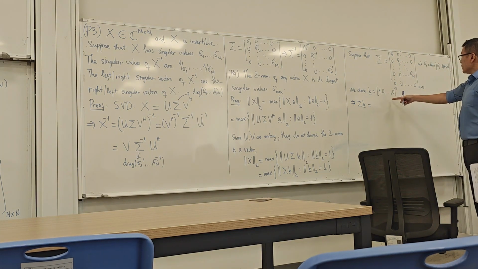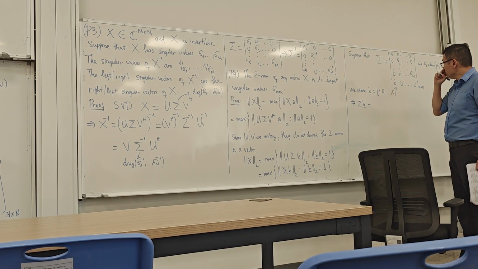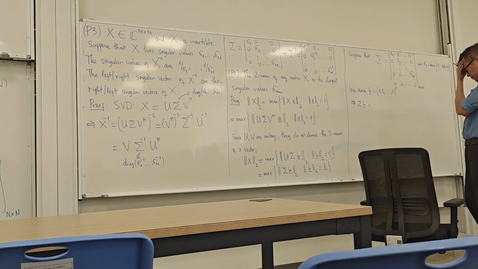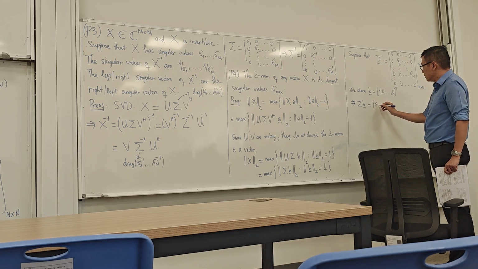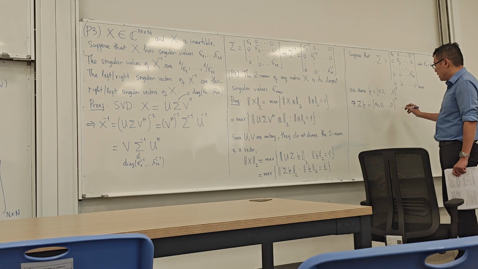We multiply this one with this one, then this becomes sigma 1, 0, and so on, 0, transpose.